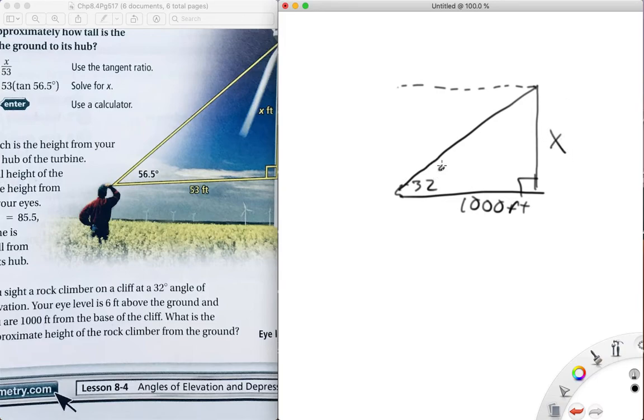Okay, so we have 32 degrees, we have opposite, we have adjacent. So this is SOHCAHTOA. Since I have opposite and adjacent, this is a tangent situation. So this is tangent of 32 degrees, and that equals opposite over adjacent. Multiply both sides by 1,000.